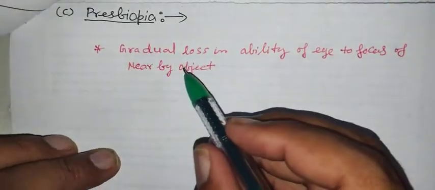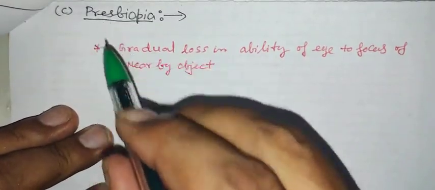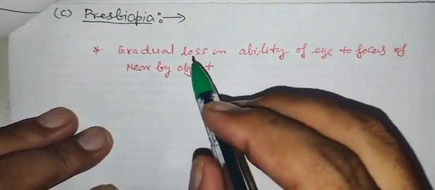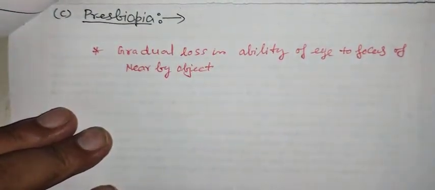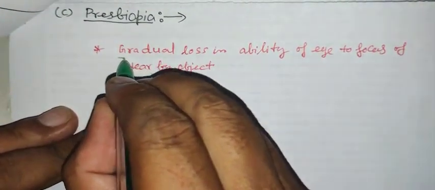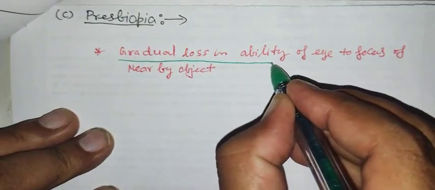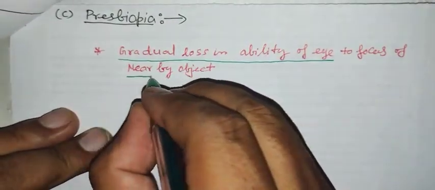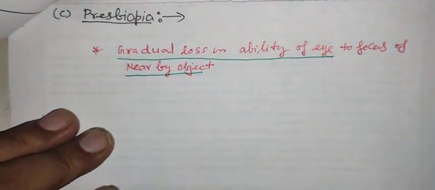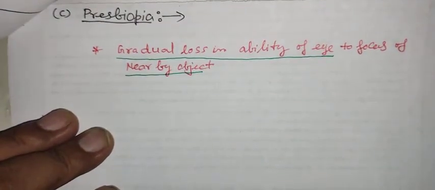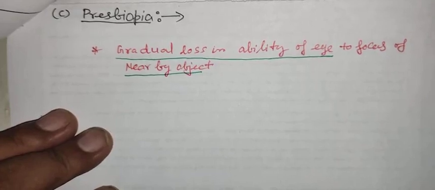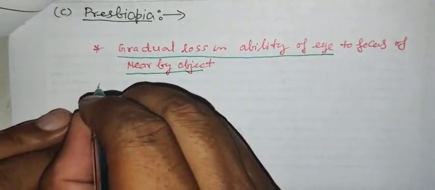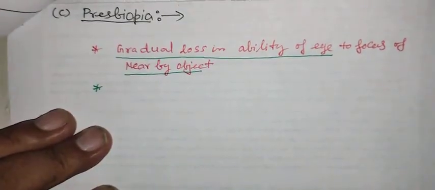The third common problem in the human eye is presbyopia. What happens in the eye of a person suffering from presbyopia? There is a gradual loss of the ability of the human eye to focus on a near object. First of all, he or she has a problem seeing nearby objects. Why does it happen?